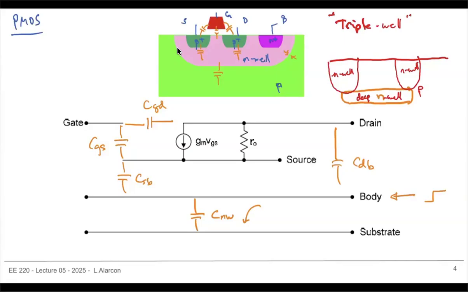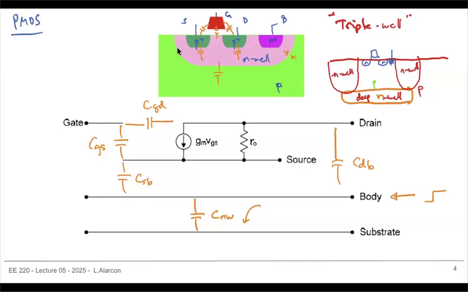And if you can do this, then notice that what you get is an isolated P substrate. Right? So if you get an isolated P substrate like that, then it's straightforward. Now I can build an NMOS transistor here with its own P plus that I can control, its own body separate from the other NMOS transistors.